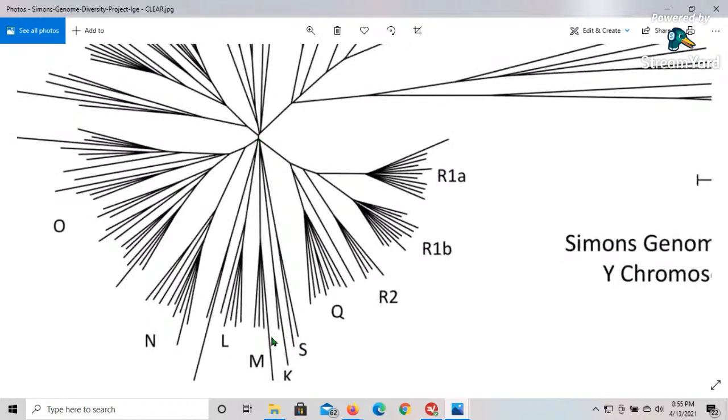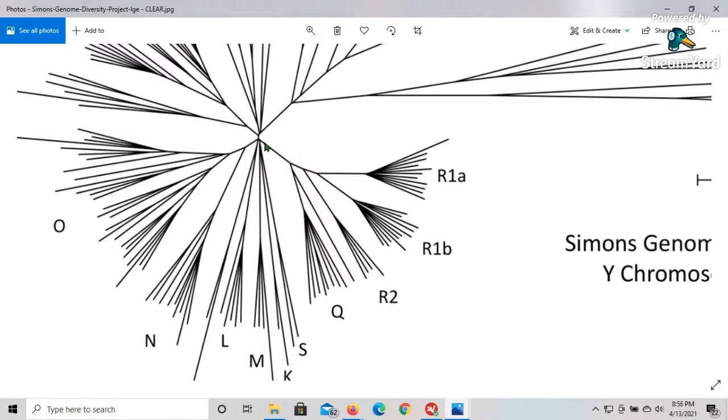But notice how far back these letter designations go. They go all the way back to the start. And the only reason why there's a space here is because of the spacing here. But each of these letters goes all the way back to the beginning. That means they separated at the beginning.